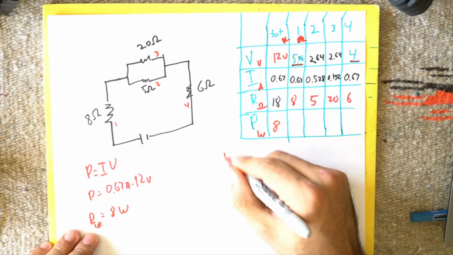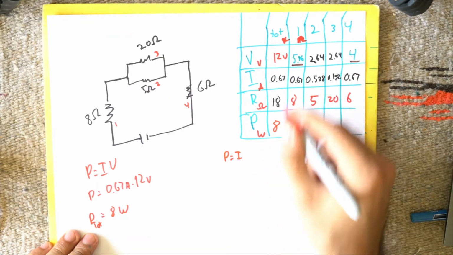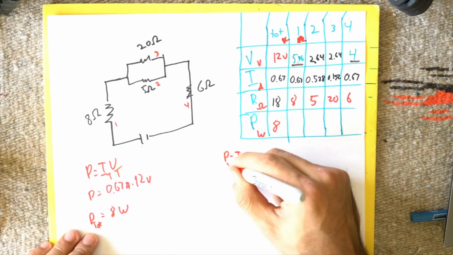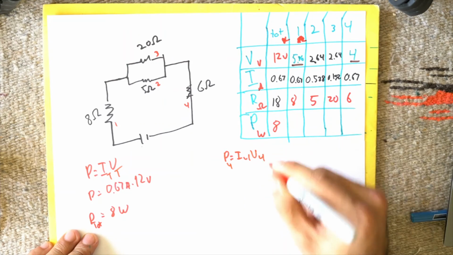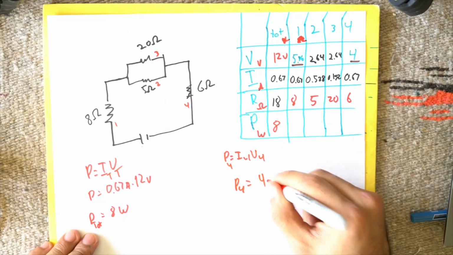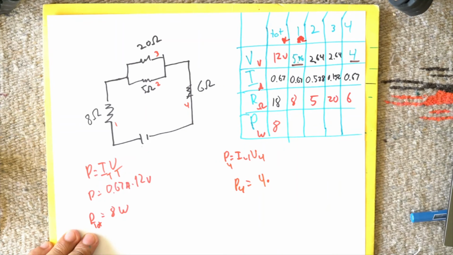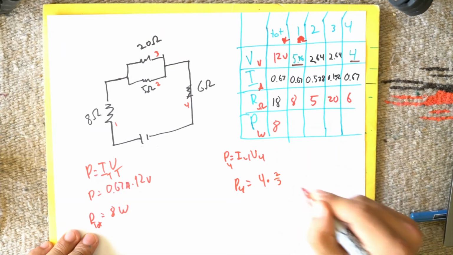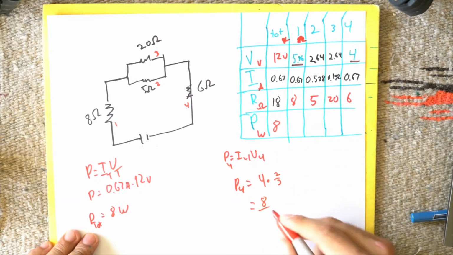If I were to do P equals IV again, but this was total T, let's do 4, P4, V4. So P4 is going to equal 4 times 2/3, right? So that's going to be 8 over 3.